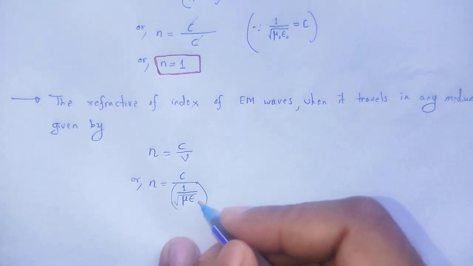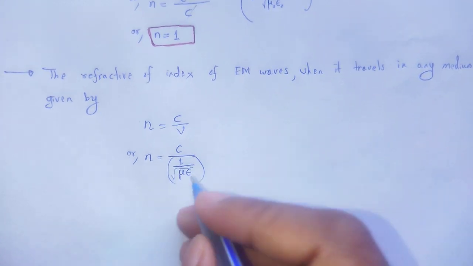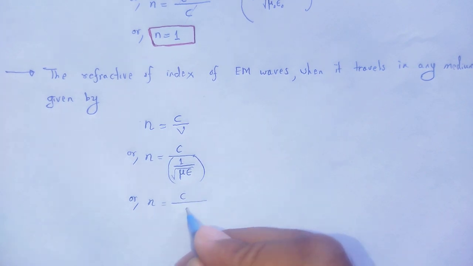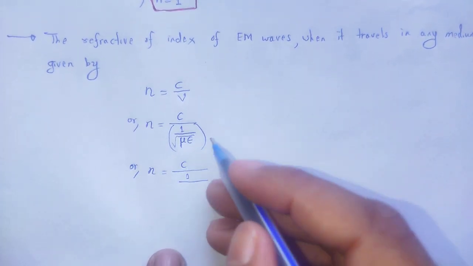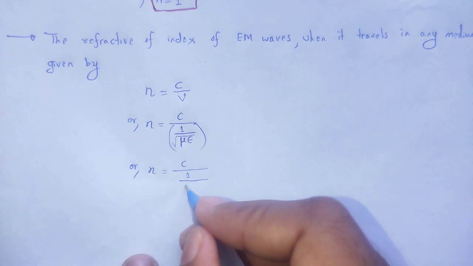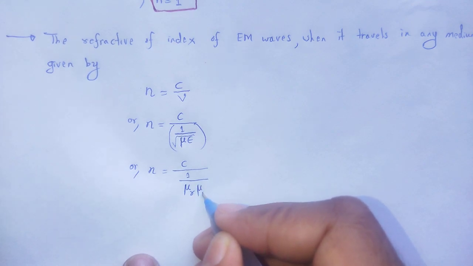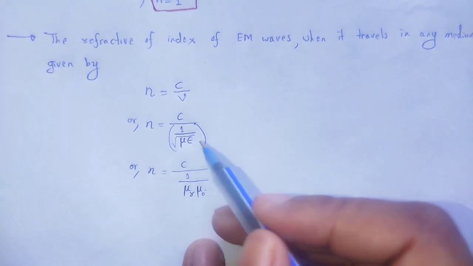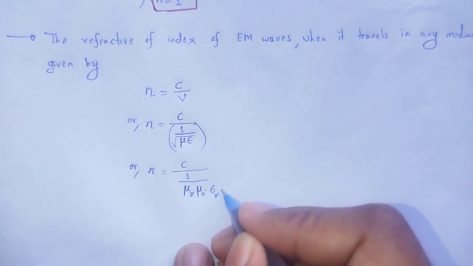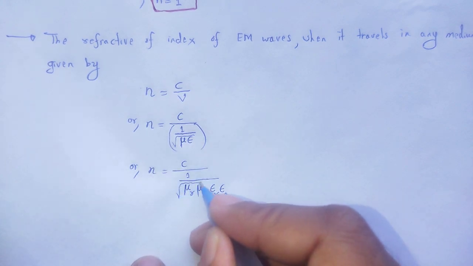Epsilon is the permittivity of the medium, mu the permeability of the medium. We can write the permeability of any medium as relative permeability into permeability of free space, and again in case of epsilon, relative permittivity into permittivity of free space, under root.